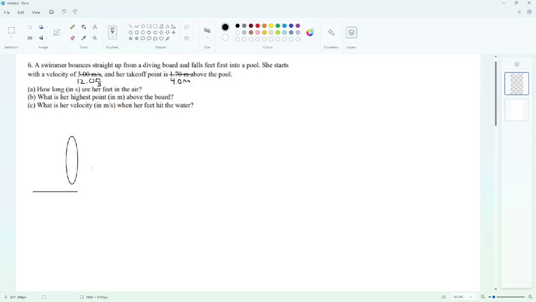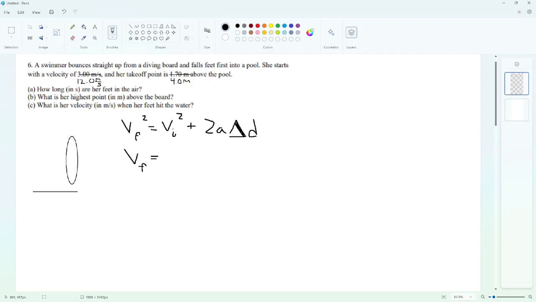Let's see. What will we use to solve this problem? Go ahead and take your time. Think. Use that noggin. Okay. We're going to be using our kinematic equations. See if you can recall them, because that's what we're going to be using here. All right, time's up. Velocity final squared is equal to velocity initial squared plus 2 times acceleration times displacement.